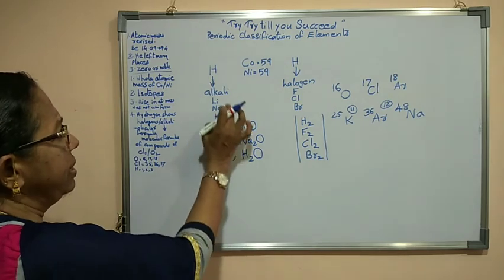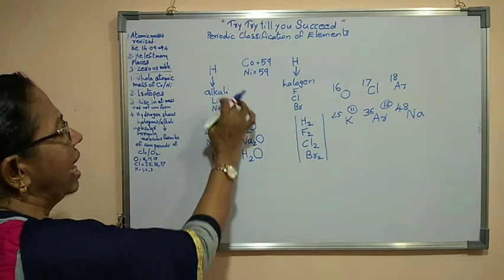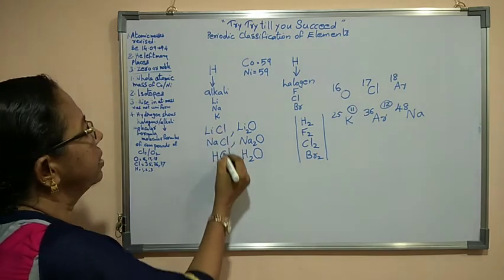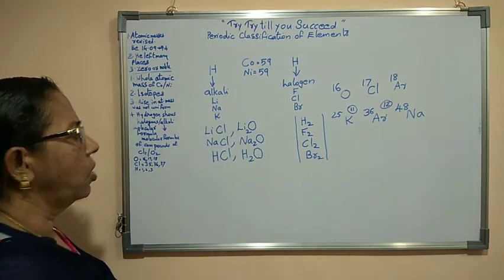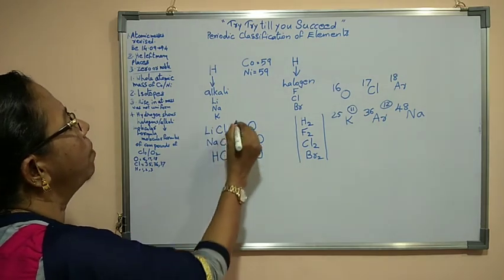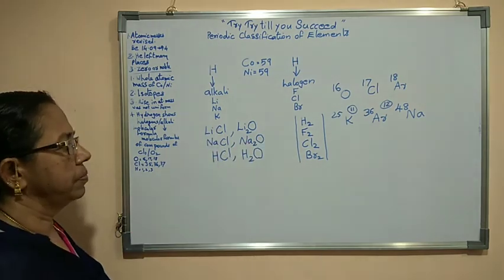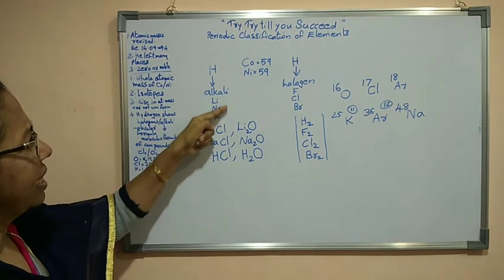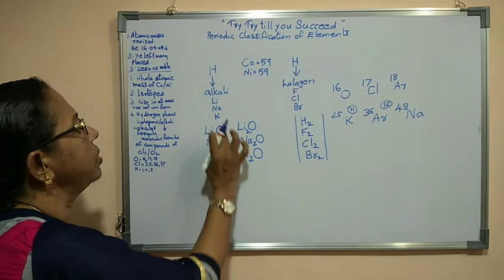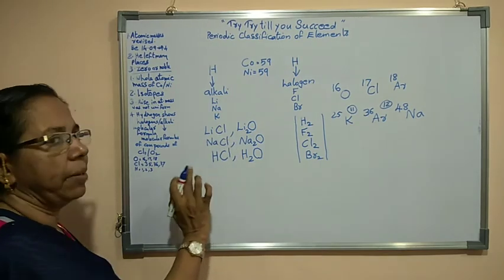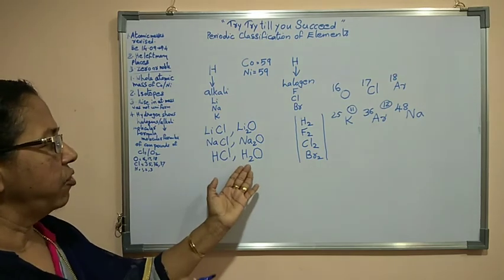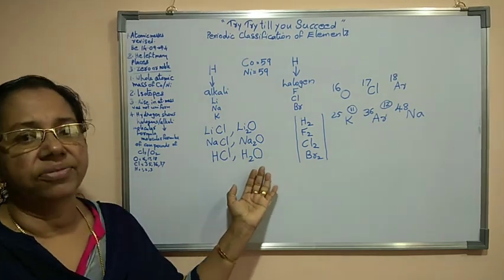Now these alkali metals have the capacity to react with chlorine as well as oxygen, and we can say they are able to form their own compounds. Same as these alkali metals, even hydrogen has the capacity to react with chlorine, and hydrogen chloride can form. It can react with oxygen and form its own oxide, that is water.